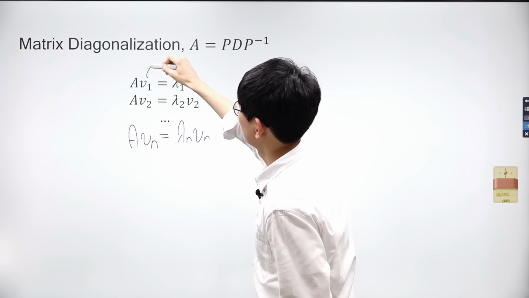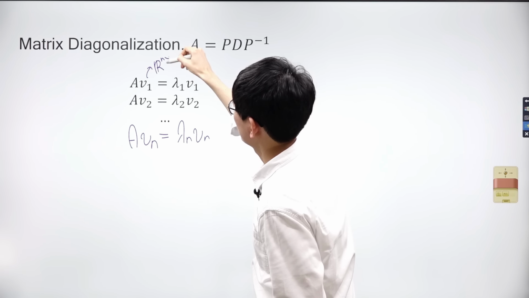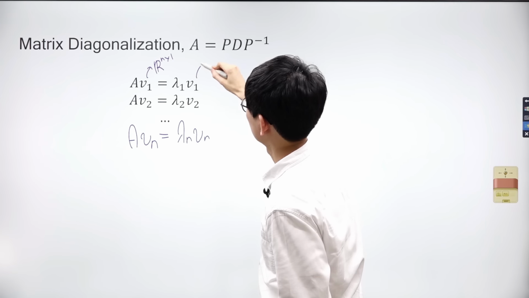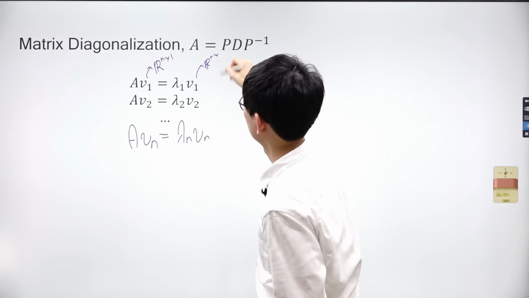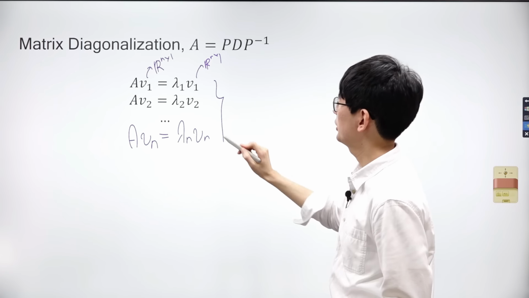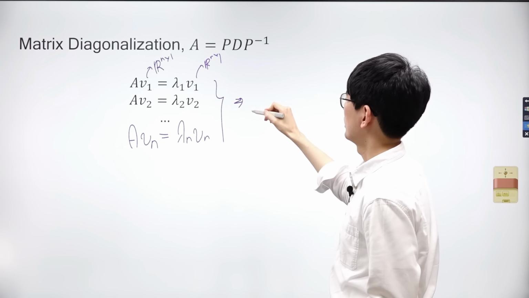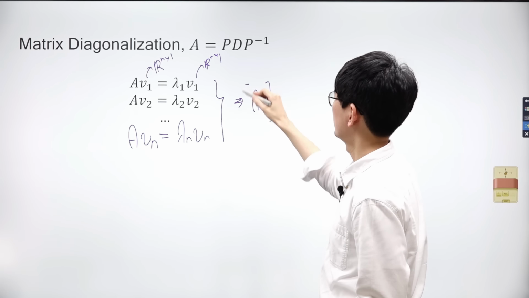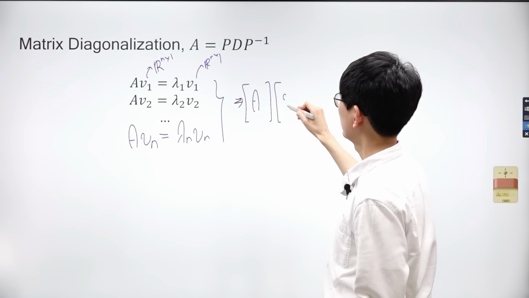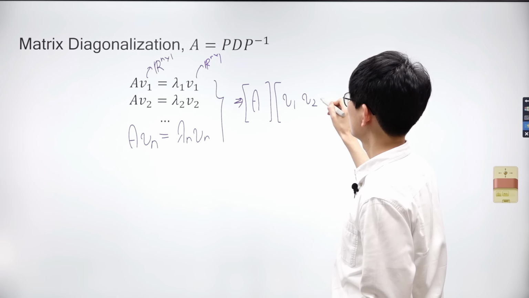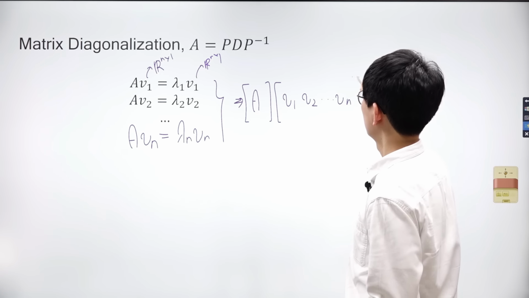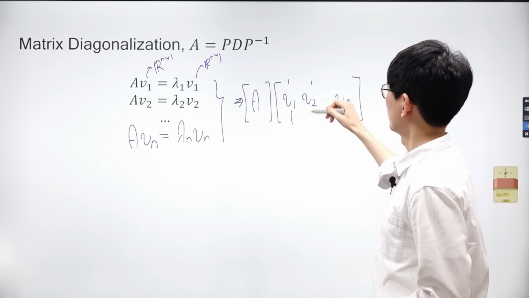Since V1 through Vn are vectors in Rn, we can represent these n equations as a single matrix multiplication. The first matrix in the multiplication is simply matrix A, while the second matrix comprises the n eigenvectors written vertically.